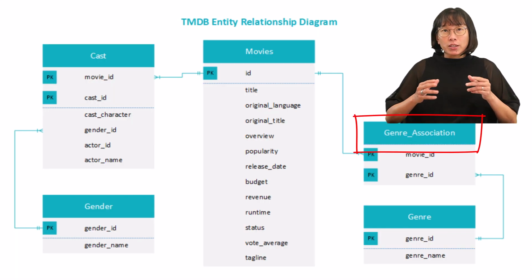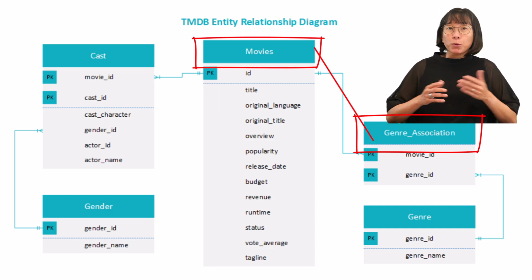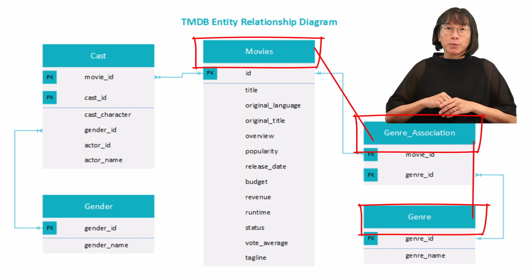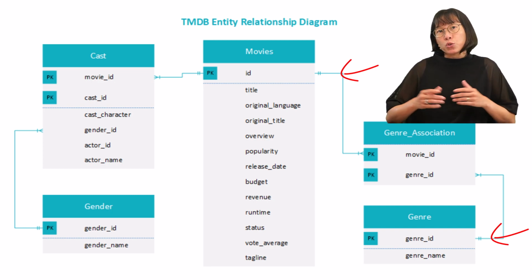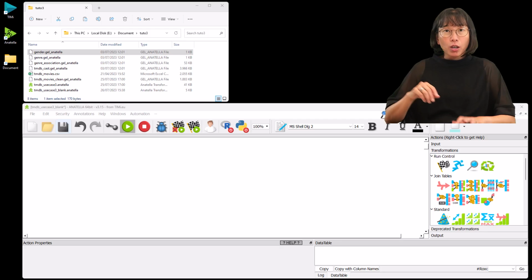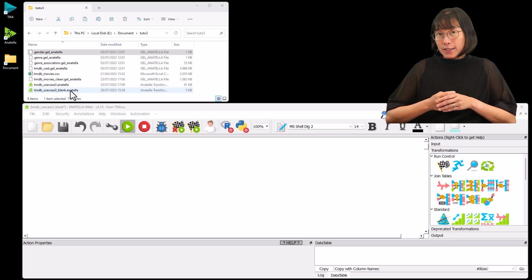This association table allows us to link 2 tables together, the movie table and the genre table. The first foreign key links to the movie table, while the second foreign key, genre ID, allows us to join with the genre table. During the course of this lesson, we'll be using many different tables.